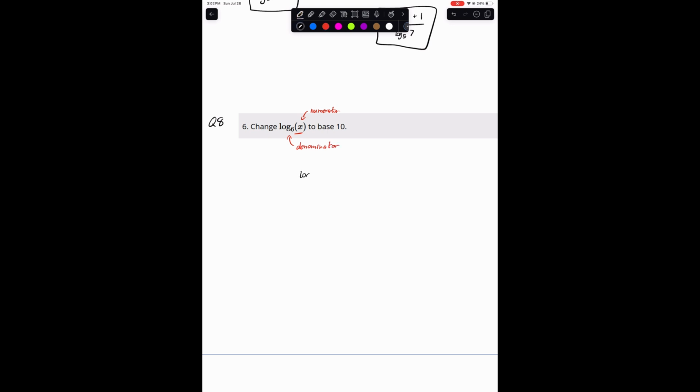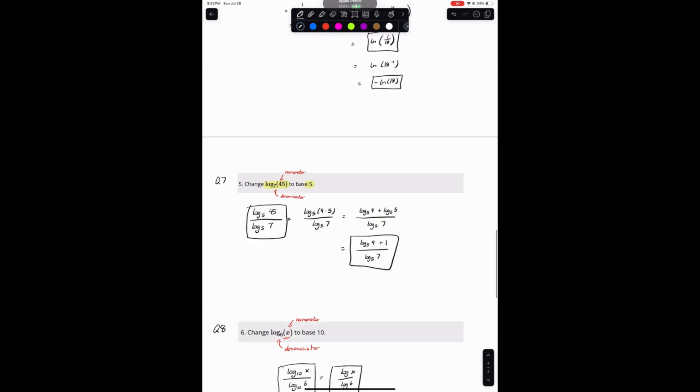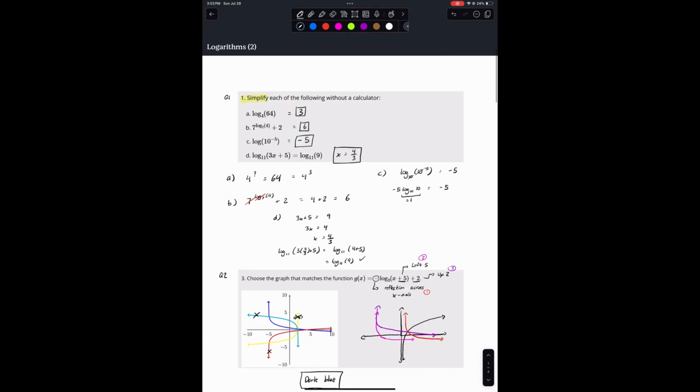So this is just log base 10 of x over log base 10 of 6, and you can also just write log x over log 6, because if you don't write out the base for log, not natural log, right, it's implied to be base 10. And these would be your answers. And with that, that concludes my video on logarithms.